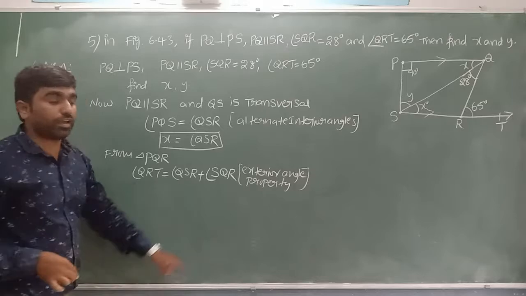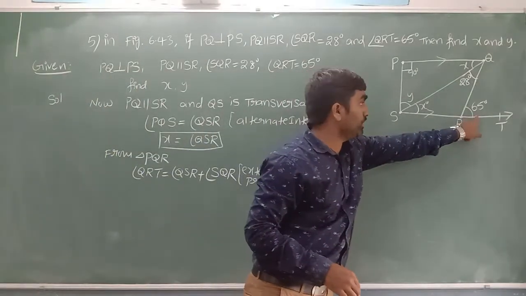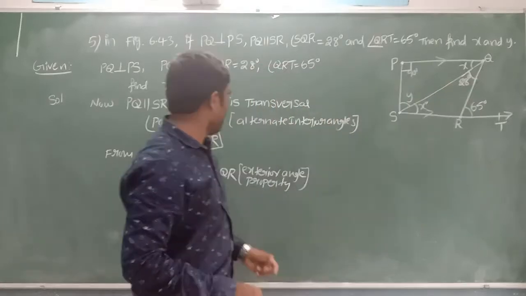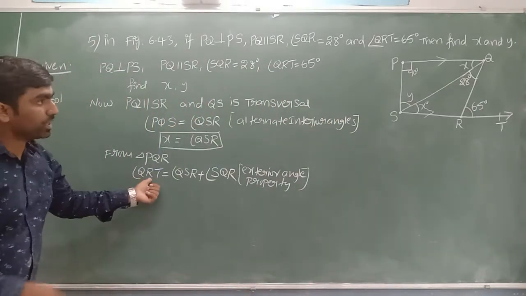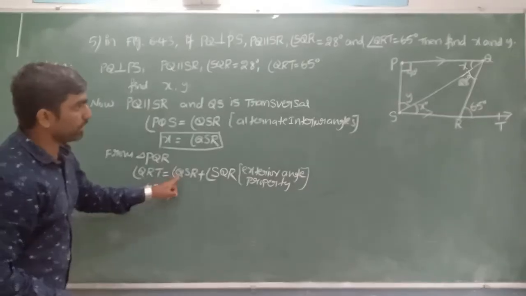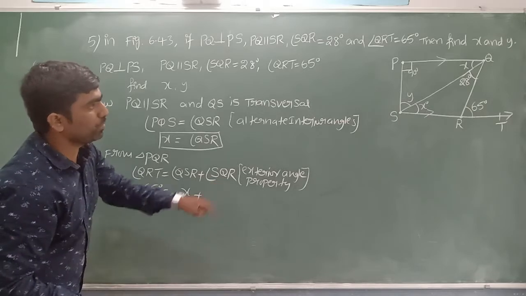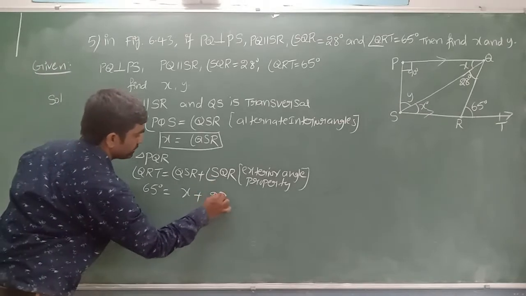What is the exterior angle property? The exterior angle is equal to the sum of the two interior opposite angles. So angle QRT, which is 65 degrees, is equal to angle QSR, which is x, plus angle SQR, which is 28.